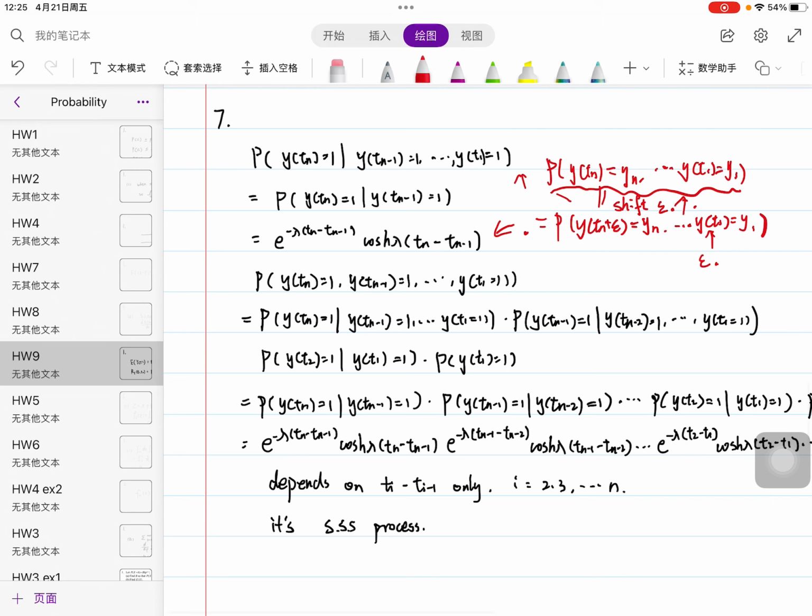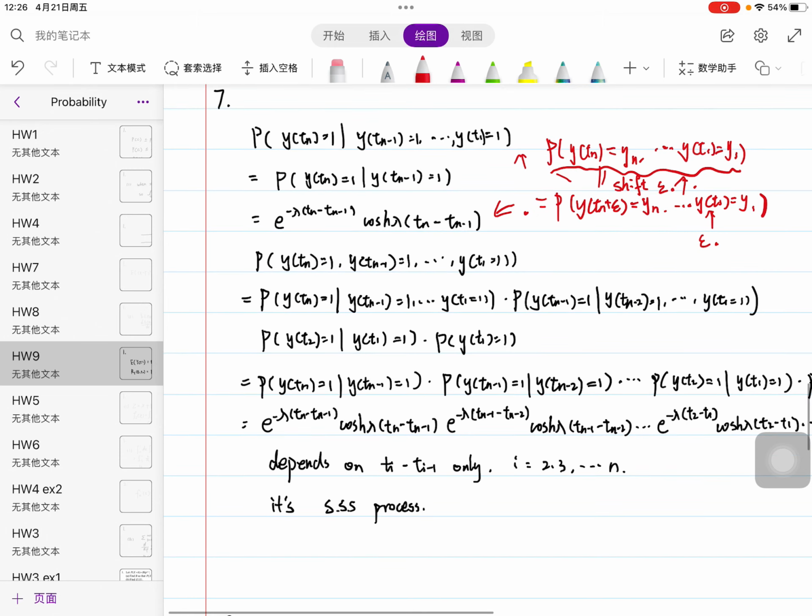And then we could write this as a conditional probability with the times together.